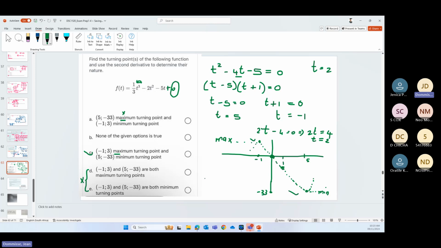Because on a cube, you have two turning points. A cube always, if you have two turning points, well, one must be maximum, the other one must be minimum. You can't have two maximum or two minimum.